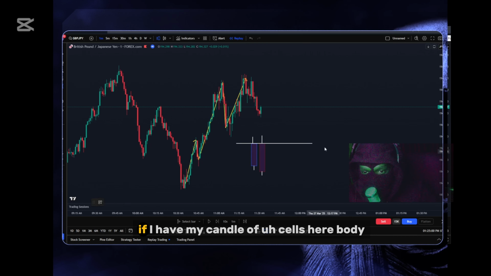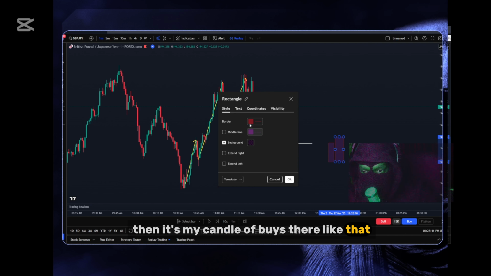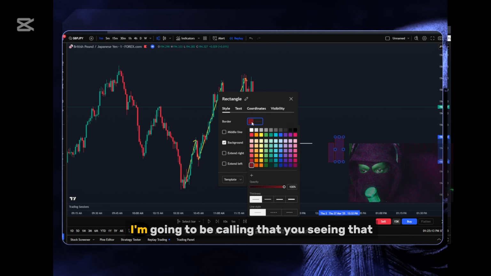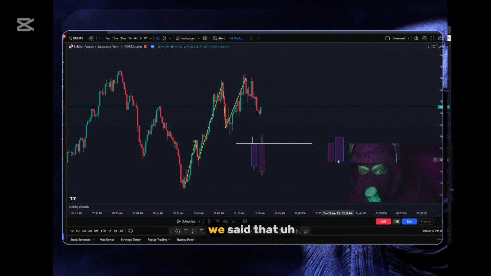And if I have my candle of sales here, body, then my candle of buys there, like that, I'm going to be calling that support.